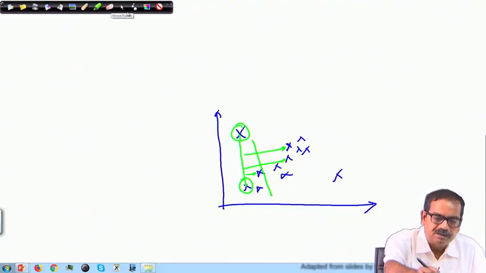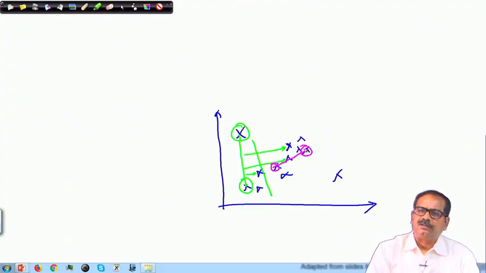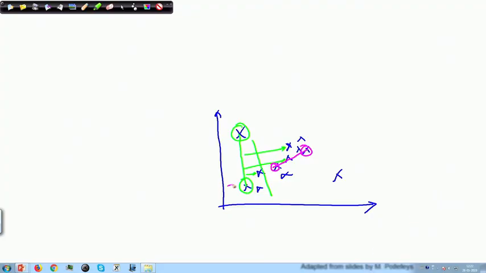Let us now consider that you have chosen this point and this point, again randomly, and this gives you an initial set of inlier points. Then again you perform this test.